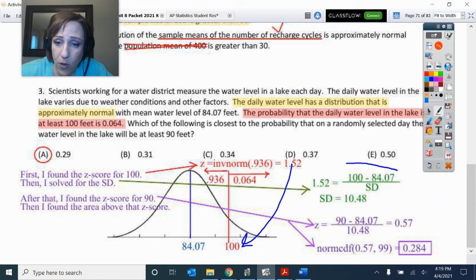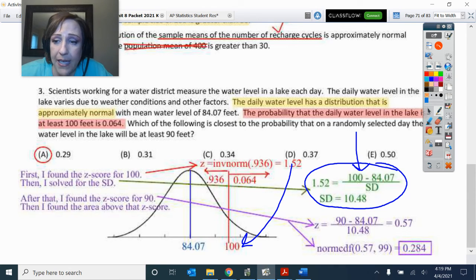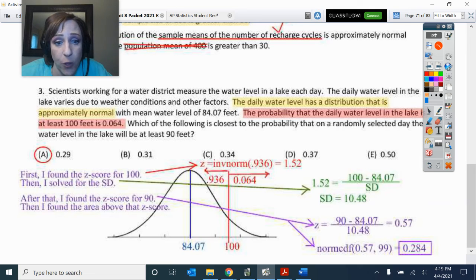So from that 1.52, here's my second step. I used 100 minus the mean over this unknown standard deviation is located at 1.52. So I solved and I got a standard deviation of 10.48. So now that I have a standard deviation of 10.48, now I go and find this thing here.